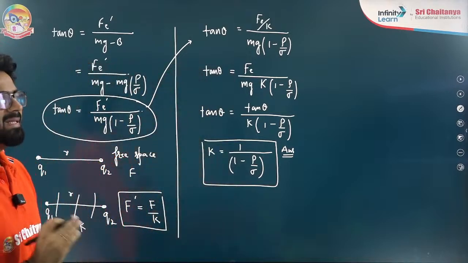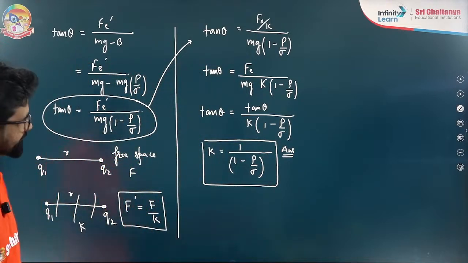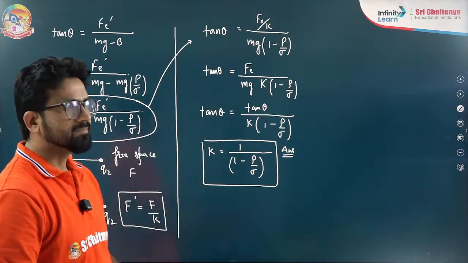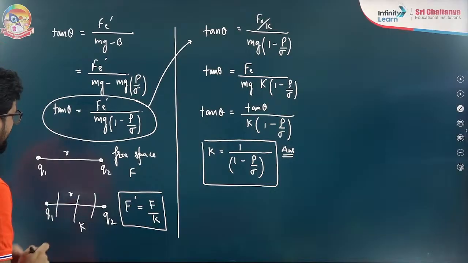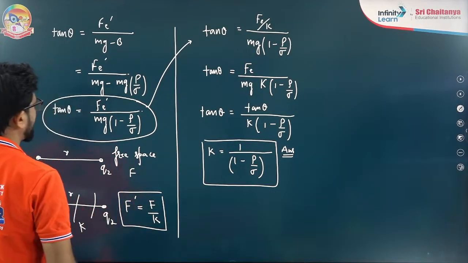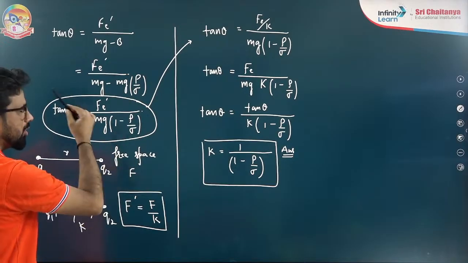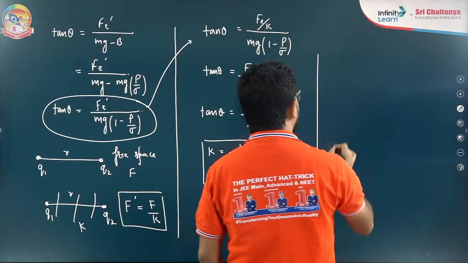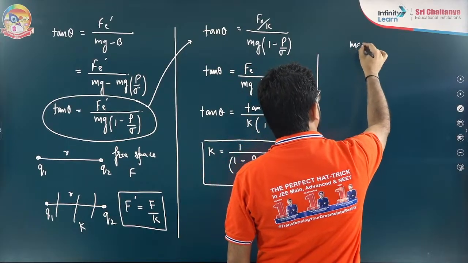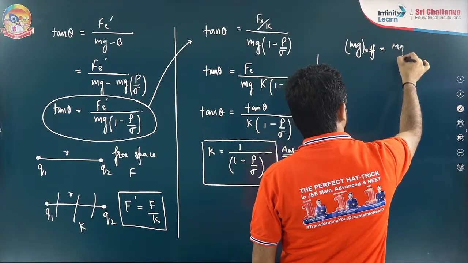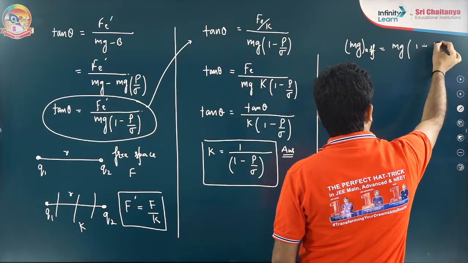Now please everyone put your reaction. Is this question clear to everyone? What I am telling you is the force decreases by k times, and in place of mg, I am writing mg into (1 minus rho by sigma). You have to understand two basic things. First, the effective mg becomes mg(1 minus rho by sigma).